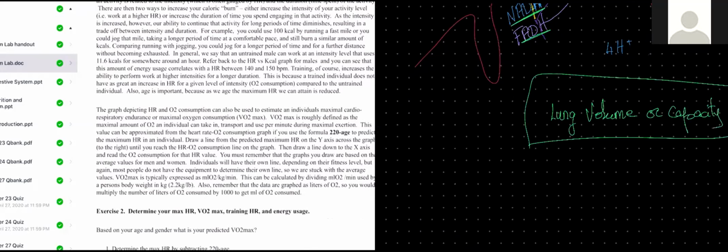Use a normal value from the respiratory chapter for any lung volume or capacity it will be asking you about. So check out the normal values back from the respiratory chapter.